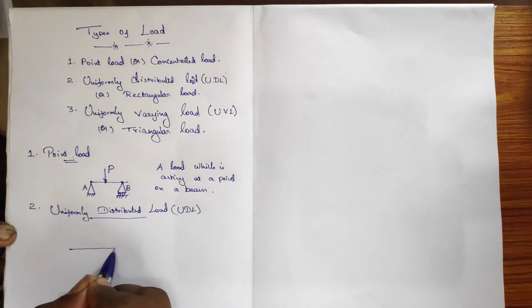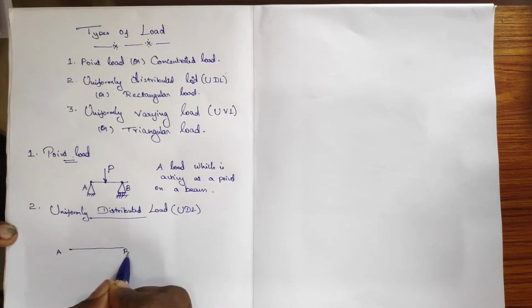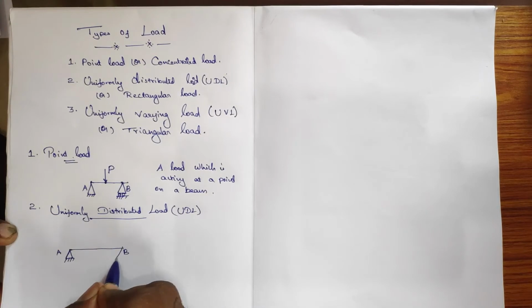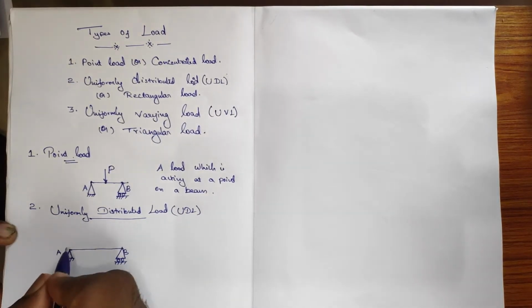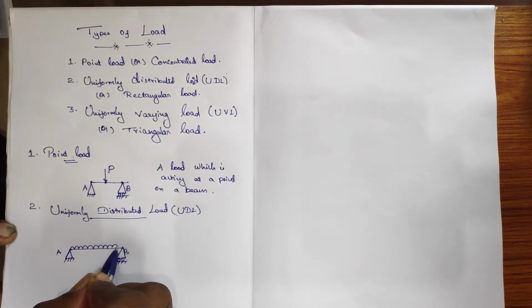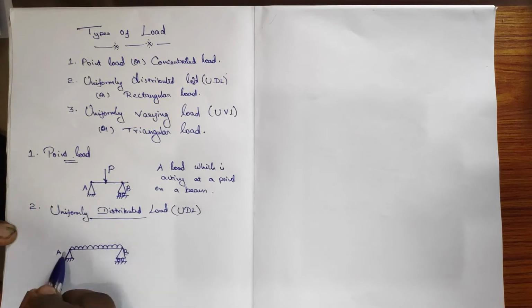If I consider a beam AB supported in a similar fashion as before, one end roller and the other a hinge support, the load is spread over the entire length.